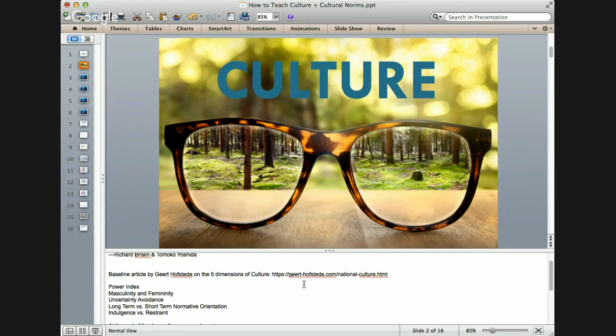Long-term versus short-term normative orientation. Basically, how do we view ourselves in the grander scheme of things? So being more short-term focused or more focused on broad history and tradition. And then last, indulgence versus restraint, and what we're promoted to do.